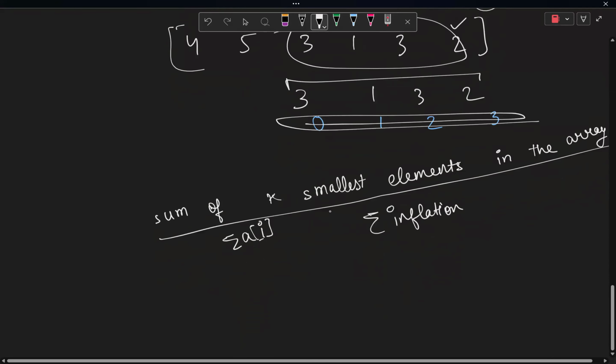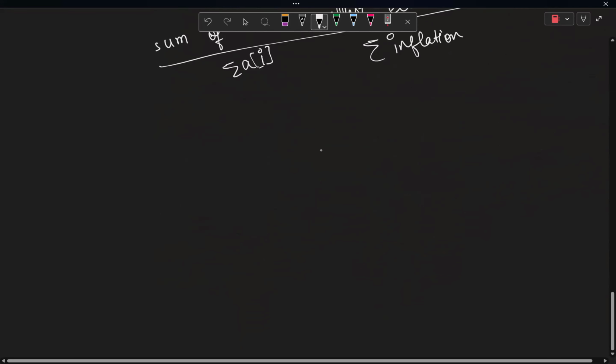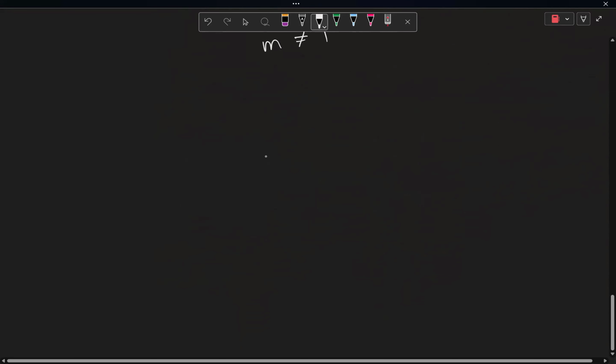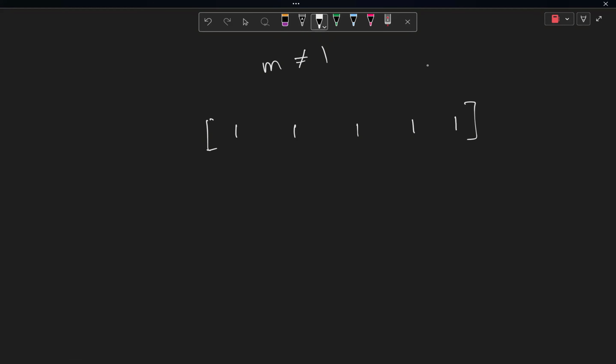Now there is one thing: if m is not equal to 1, will there be some difference, or would everything remain the same? Let's take the simplest example once again. If there are a lot of ones, and let's say m is equal to 2 here, if you buy one ticket on this day, you get a cost of 1 with inflation 0, and you buy a ticket on the next day, then you get cost 1 with inflation 1.